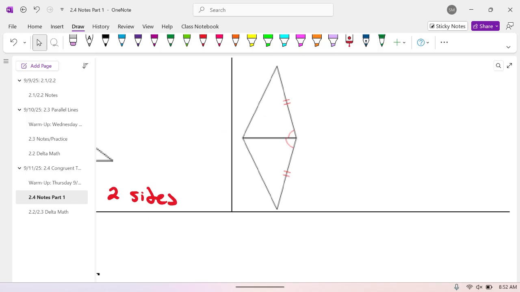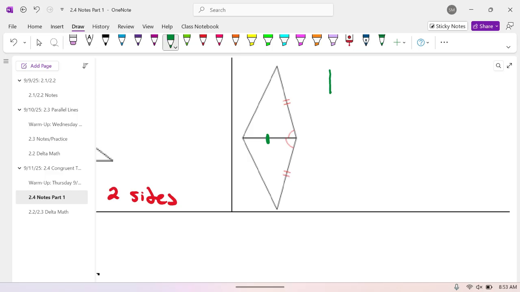So once again, these two triangles share a side, which happens to have the angle between the other congruent side. All right. So because they share a side, again, we can assume that it's congruent to itself. And we have the angle in between those two congruent sides. So once again, that would be side angle side.